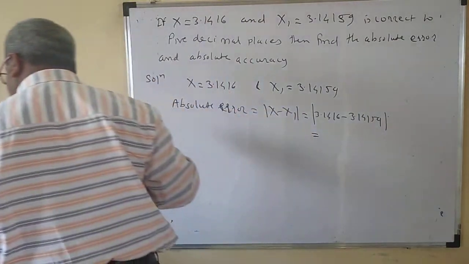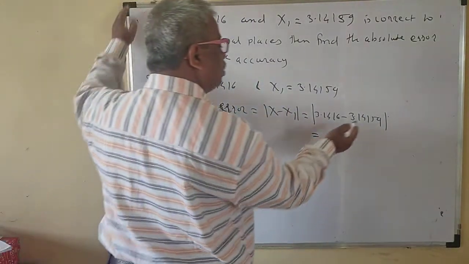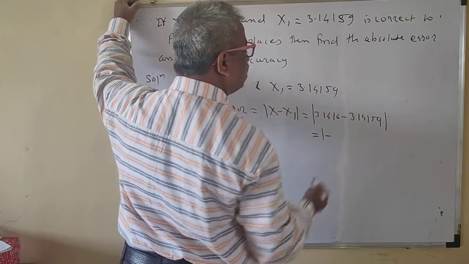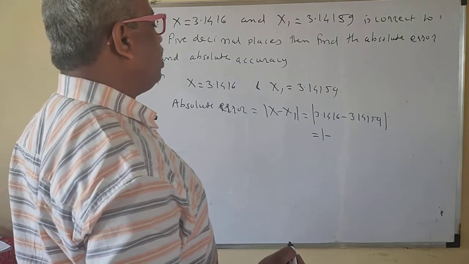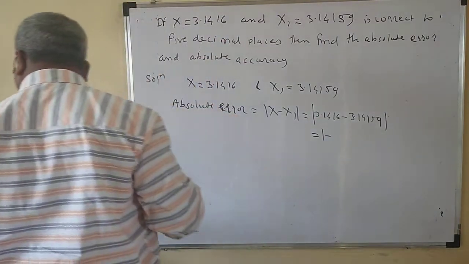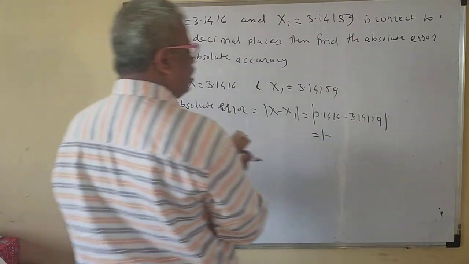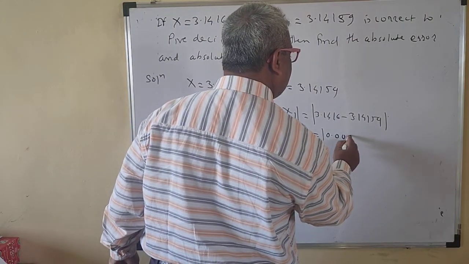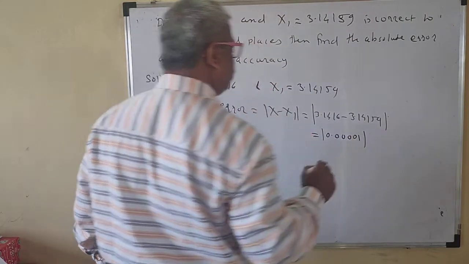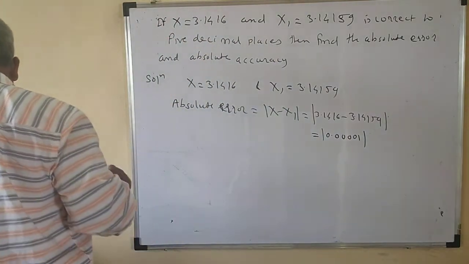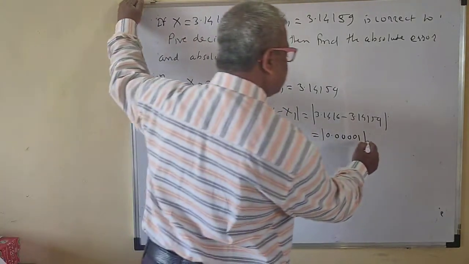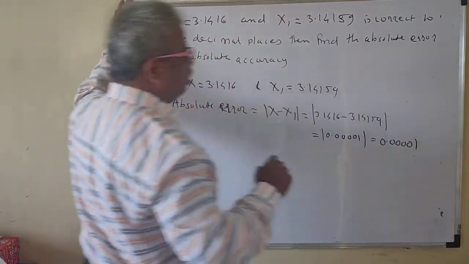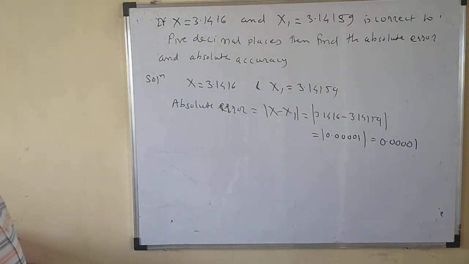Which number is bigger? This number is bigger, so no problem for this one. So this is 0.00001, so 1 unit in the fifth place. Okay. So this is absolute error.